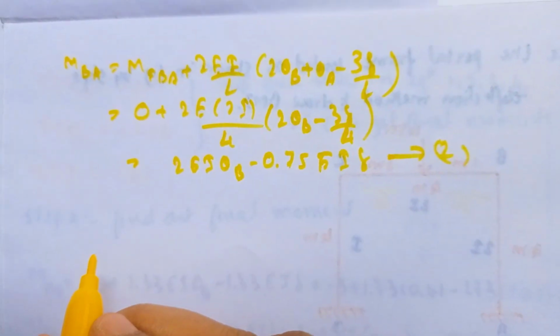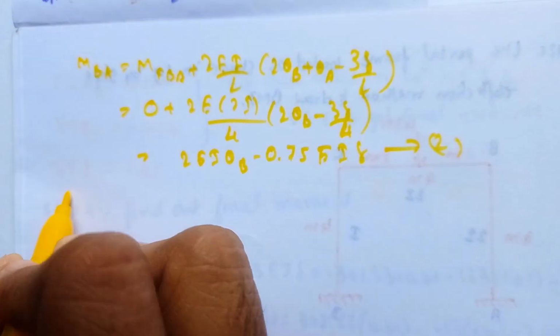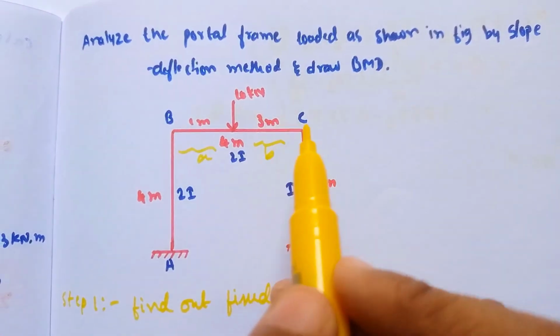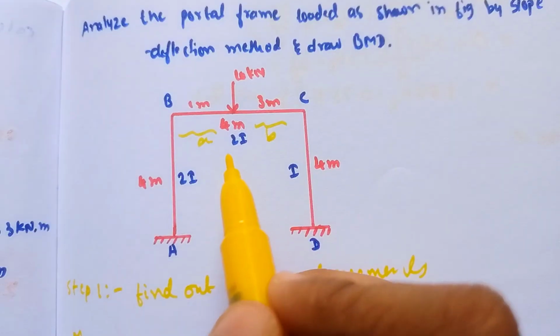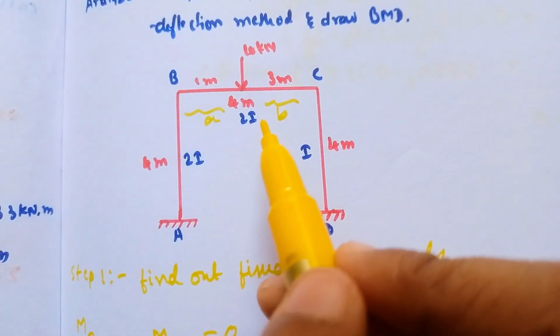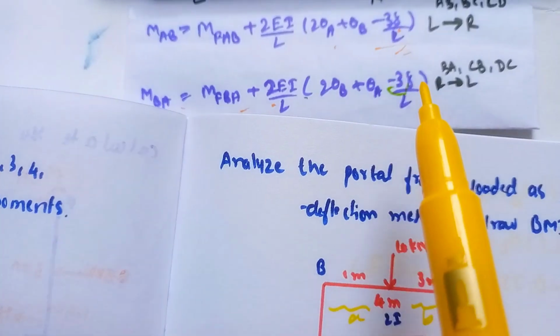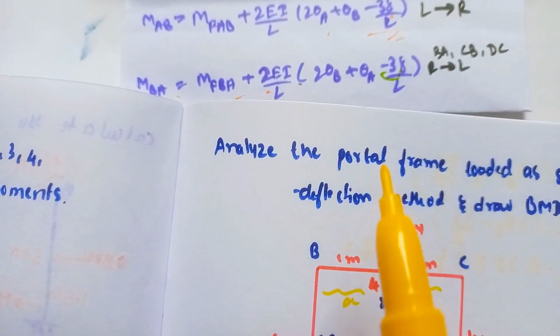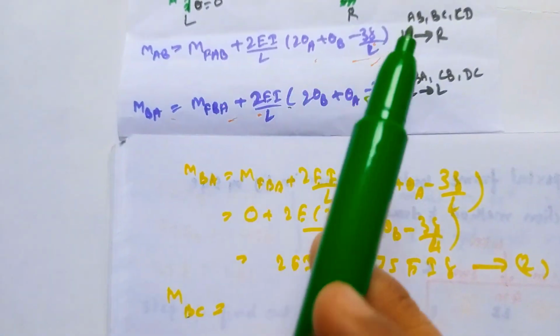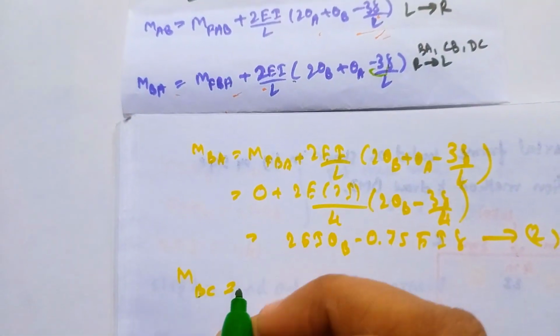Now similarly we'll do for span BC. MBC is the horizontal member. There is no deflection in a horizontal member, so we should not add the 3 delta divided by L. We should not add it because deflection does not take place in a horizontal member. So for MBC, in case of AB we need to put BC.